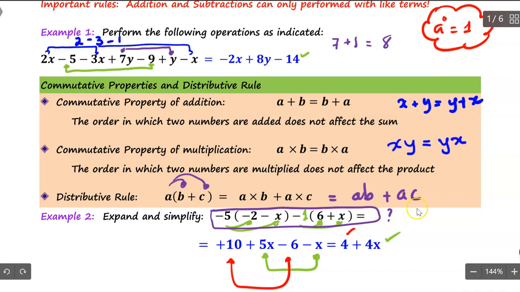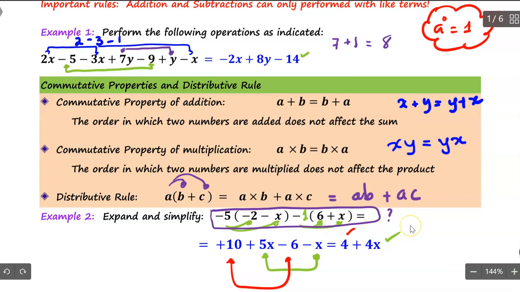If I have something on this side of the equal sign, I turn this into an equation. And on this side, I just ask you to perform the expression.